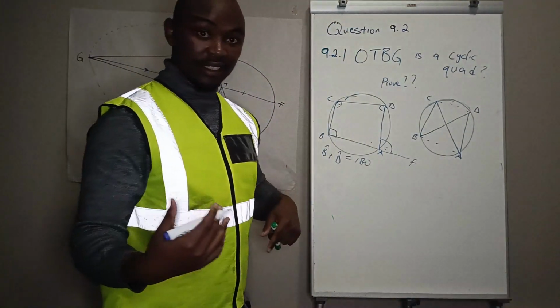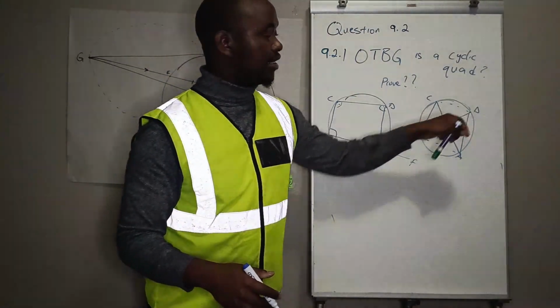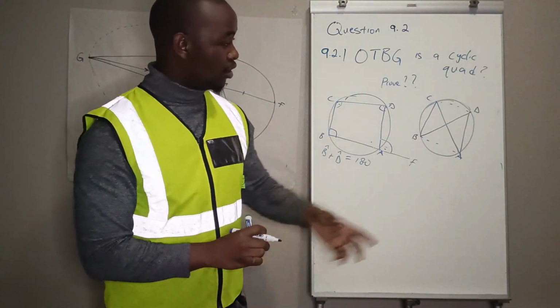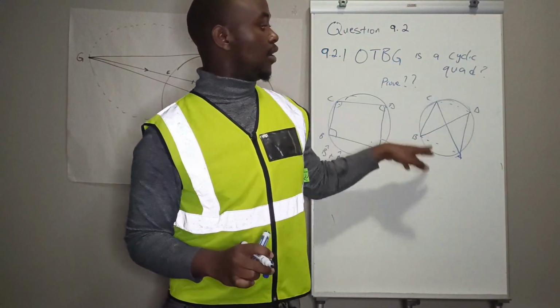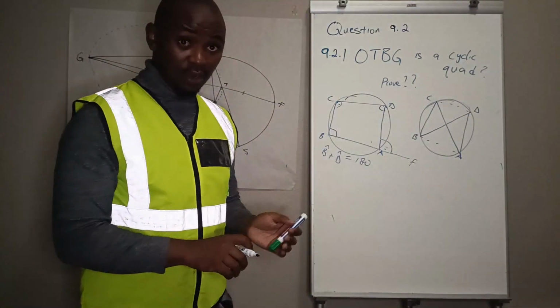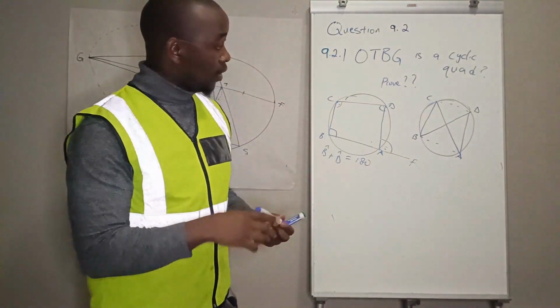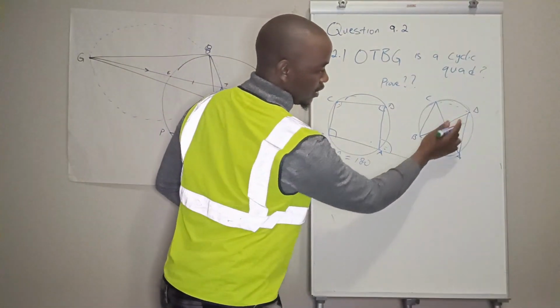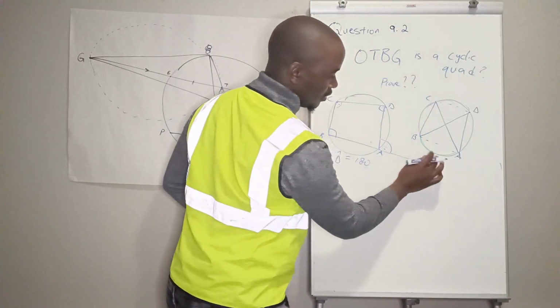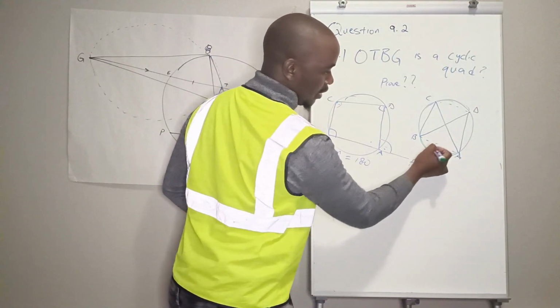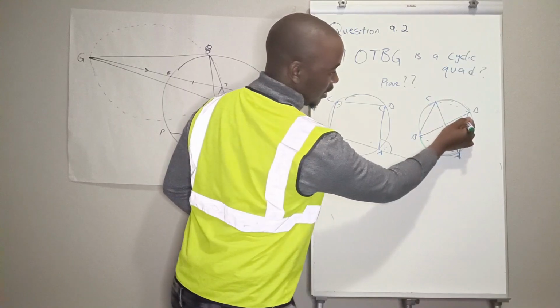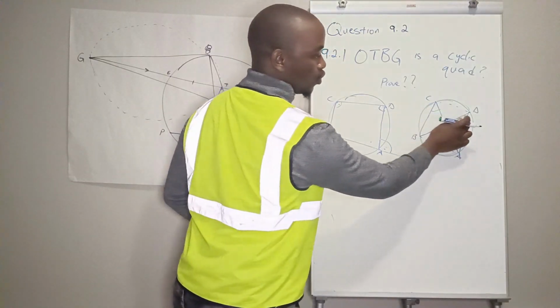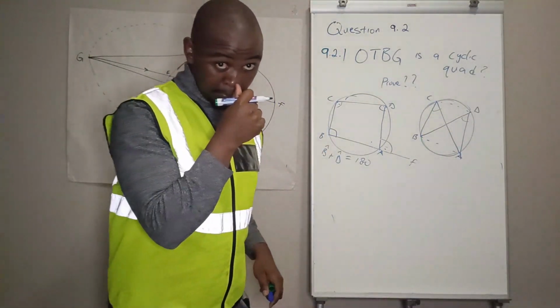To prove that A, B, C, D are indeed a cyclic quad, or those points fall on the circumference of that specific circle, what you need to understand is that there is a theorem that says that for these angles that are subtended by this arc, so arc AB subtends this angle as well as this angle. Those two angles are equal.